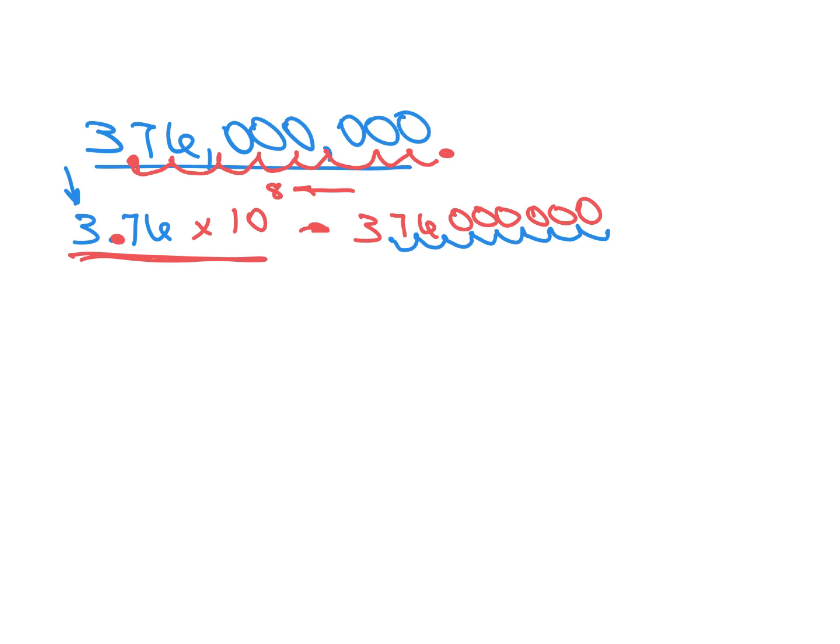Okay, so now I know that the number this represents is 376 million. And that's all there is to scientific notation in order to write it in scientific notation or to write it in what is called expanded form when you add all those zeros there. So being able to go back and forth between scientific notation and expanded form is very, very important.